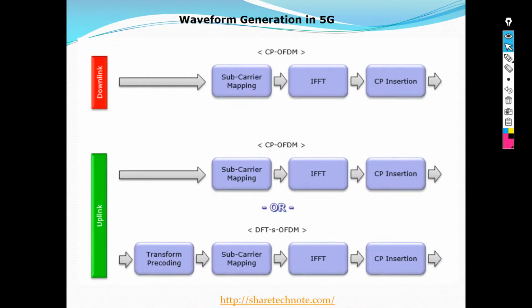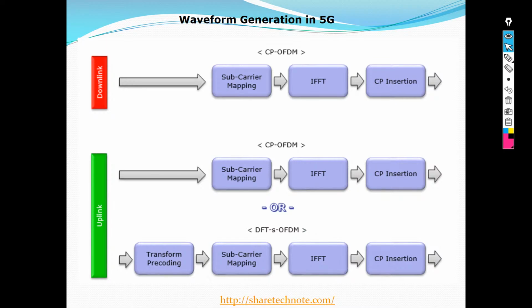And we also mentioned that OFDM is considered the downlink modulation scheme in 5G, while in the uplink we can use either CP OFDM or DFT spread OFDM. And there are also some talks from several companies that they want to use some other waveforms in order to enhance the out-of-band emission.